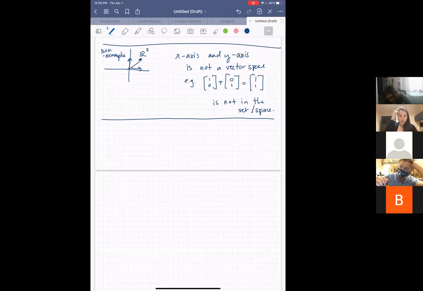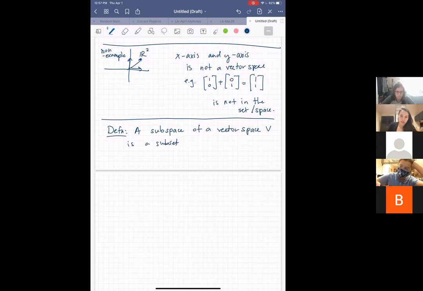Okay, and related to vector spaces, we also have the notion of a subspace of an abstract vector space. So this is really just the same definition that we had before, but now we're talking about a set V, and we say that a subspace of a vector space V is a subset.